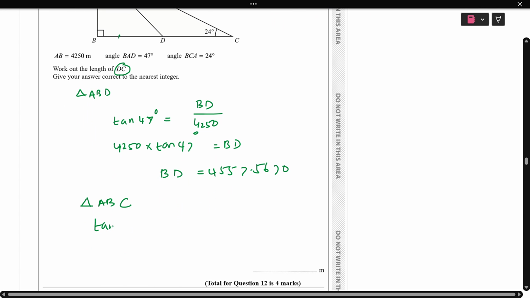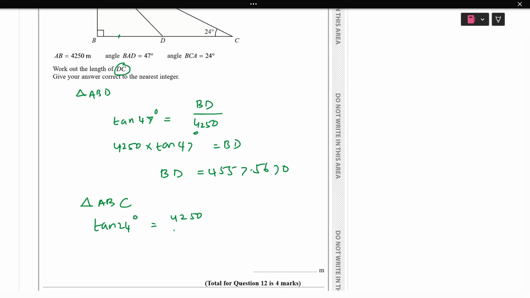So tan 24 degree equal to 4250 over the entire BC. So BC equal to 4250 over tan 24 degree, which is 9545.6562. So actually we need to find out CD.